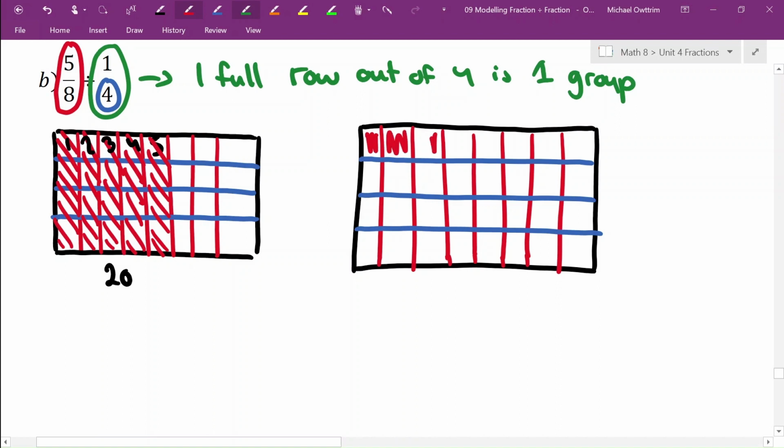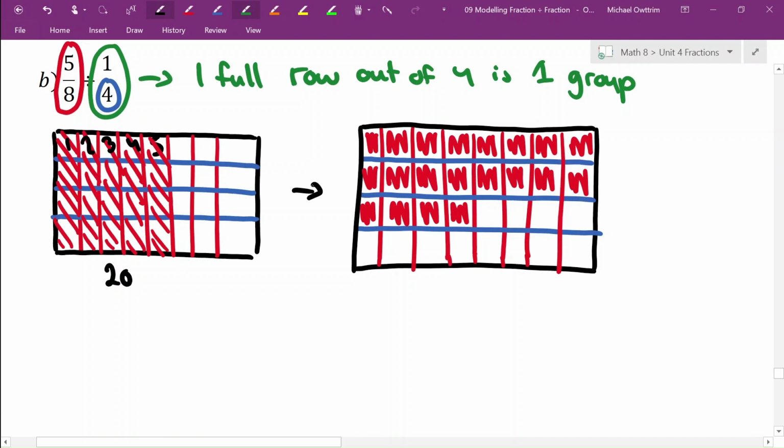1, 2, 3, and so on up to 20. Now we're told that one full group is one full row. So here's one full group, group number 1.